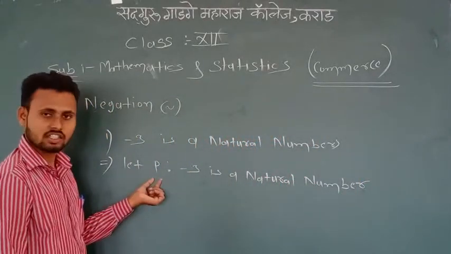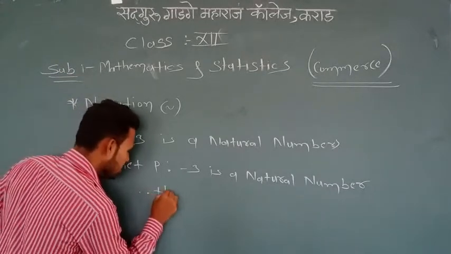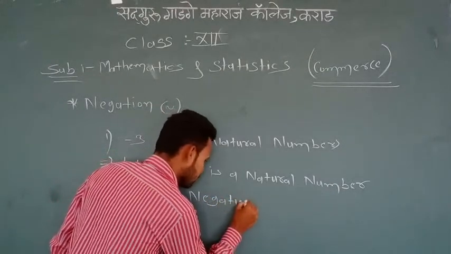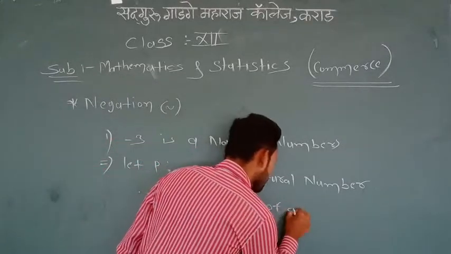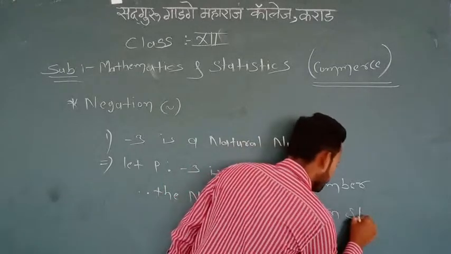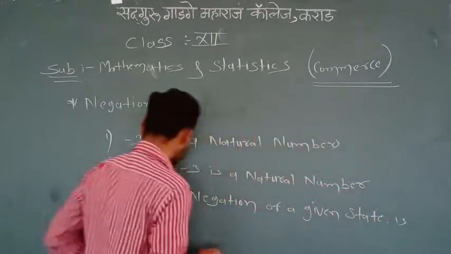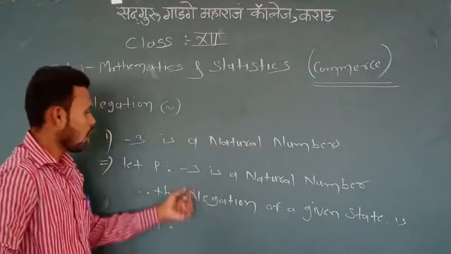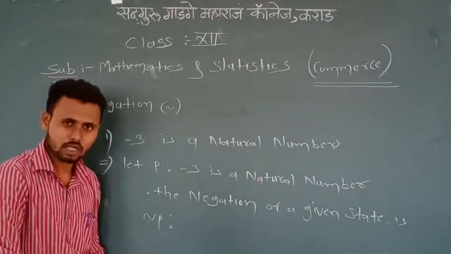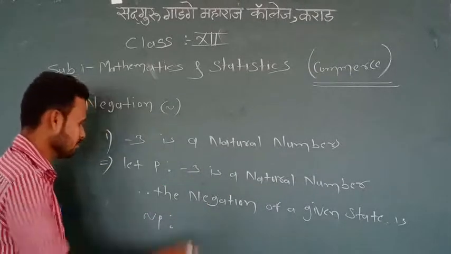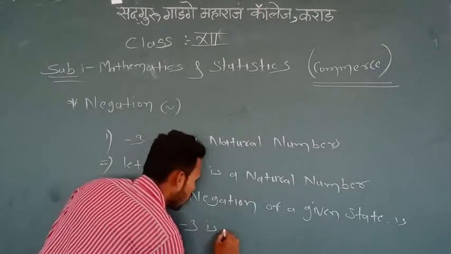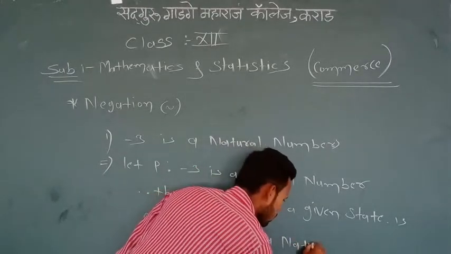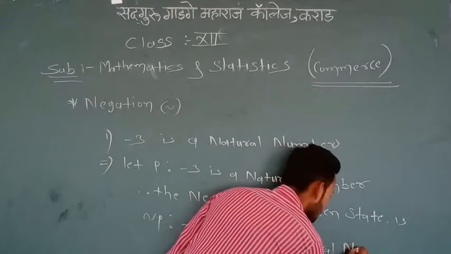Then the negation of the given statement is negation of P: -3 is not a natural number, or it is not true that -3 is a natural number, or it is false that -3 is a natural number.